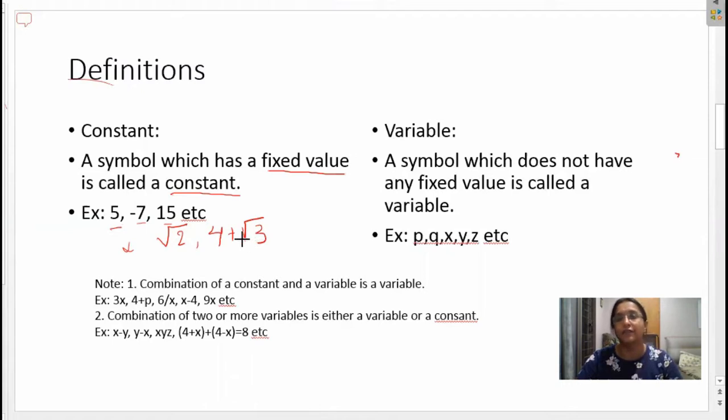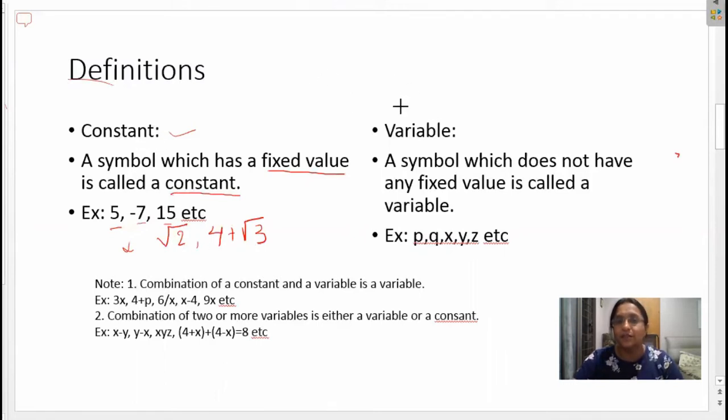They are fixed, their value is constant. That's why they are called constants. So finally, what is a constant? A symbol which has a fixed value is called a constant.